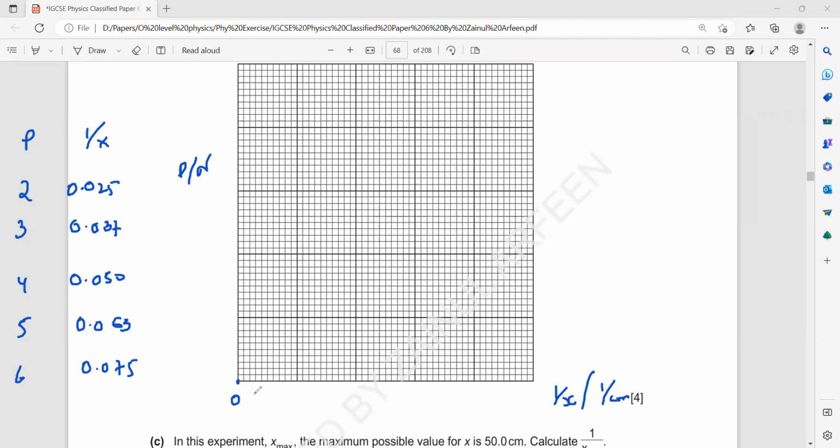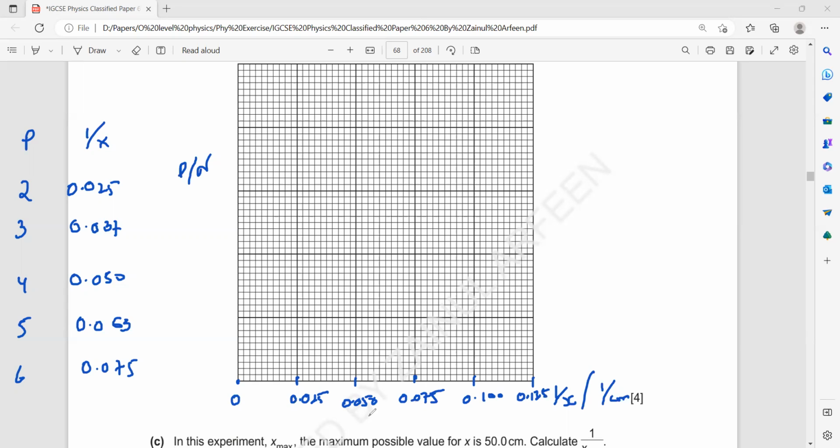So this should be 0. Because the values are so small, this will be 0.025, this will be 0.050, this will be 0.075, this will be 0.100, and this will be 0.125.